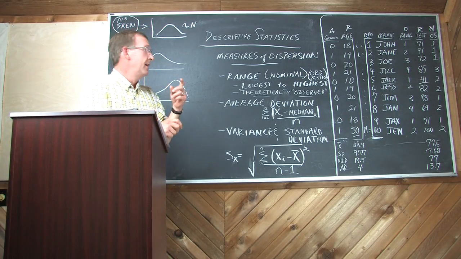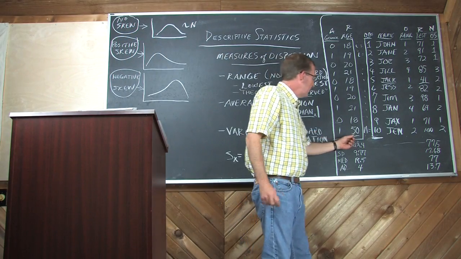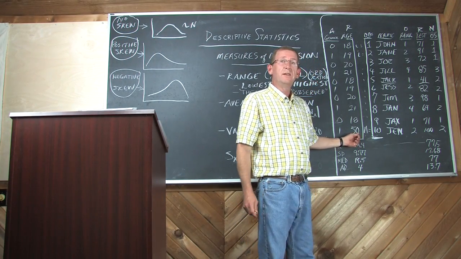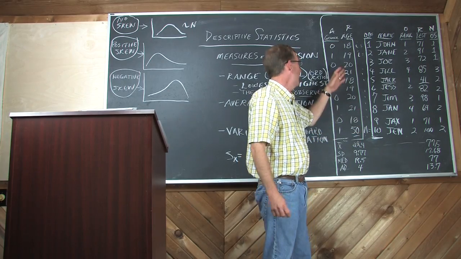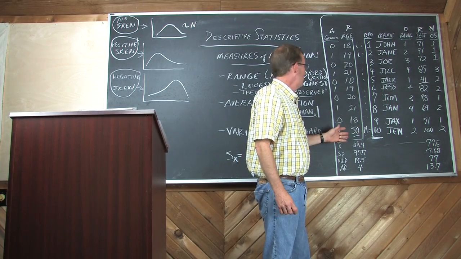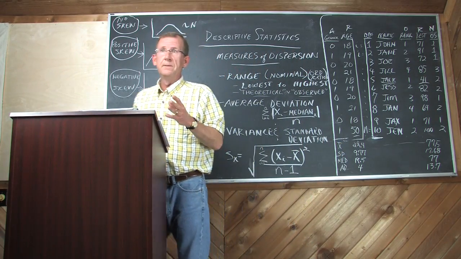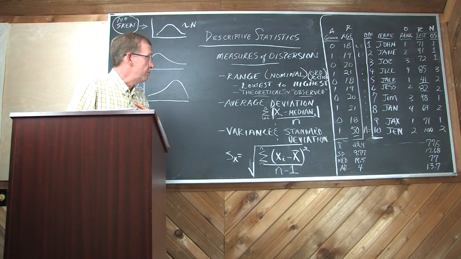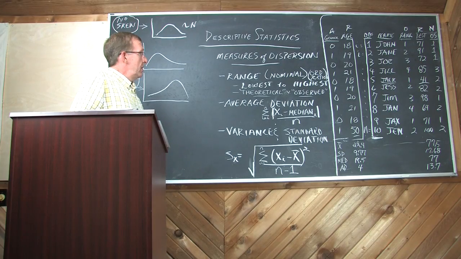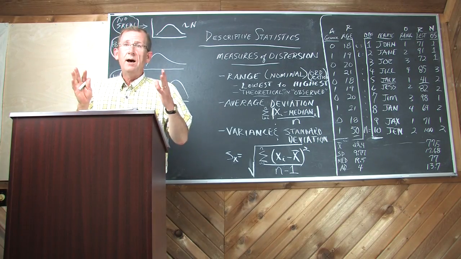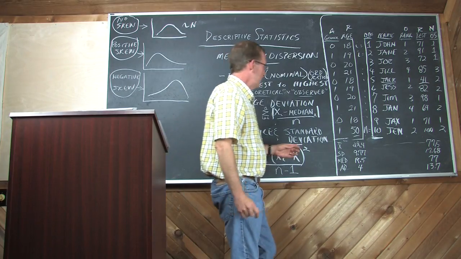Last time I illustrated a distributional quirk by introducing a 50-year-old into a class of students, 9 of the 10 between 18 and 21. You have a non-traditional student who's my age, 50 years old, and this blows up the mean as a way to describe.